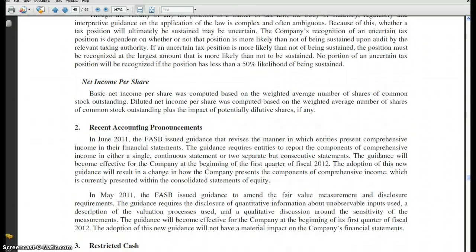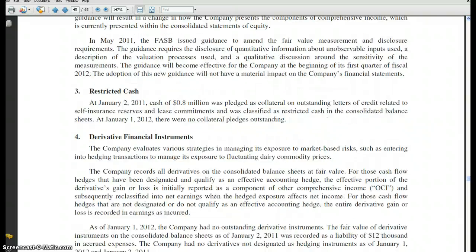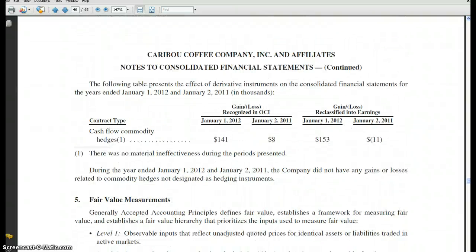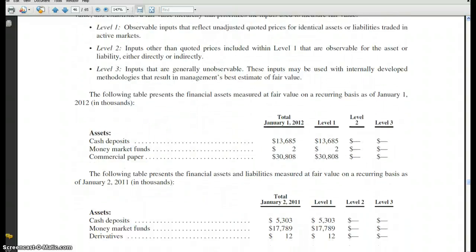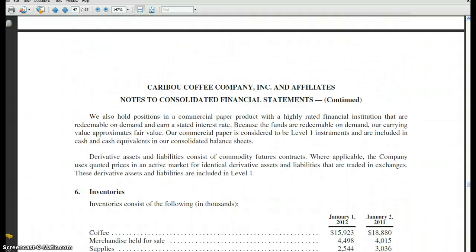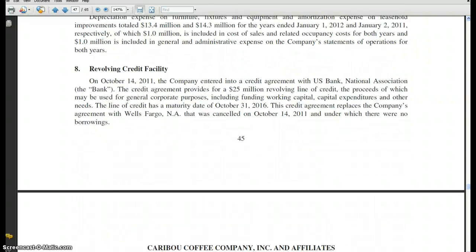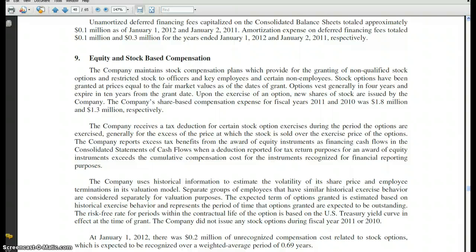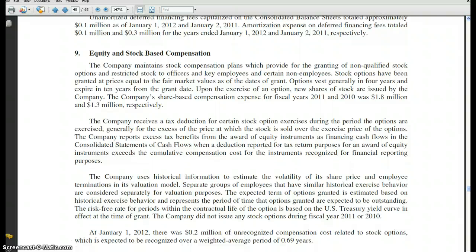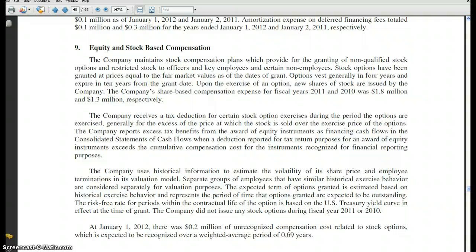And I'm not seeing anything that stands out in stocks here as I'm scrolling. Equity and stock-based compensation, there probably isn't going to be anything in there that you need to look at.